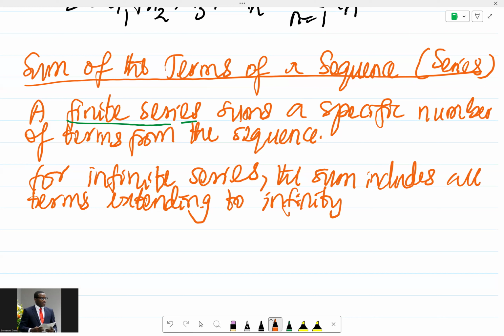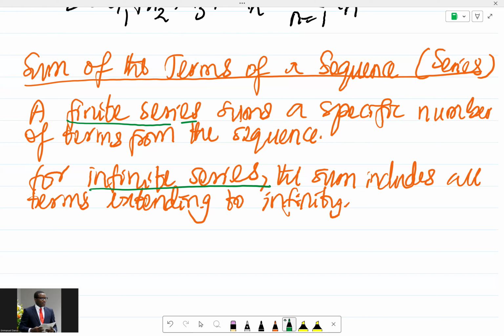So for an infinite series, you sum all the terms of a sequence, up to the end, up to infinity.